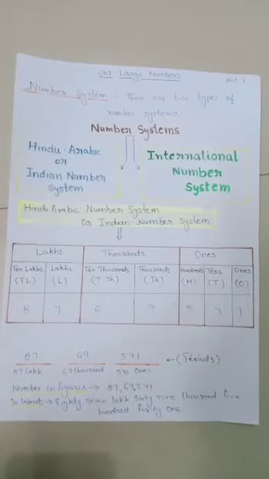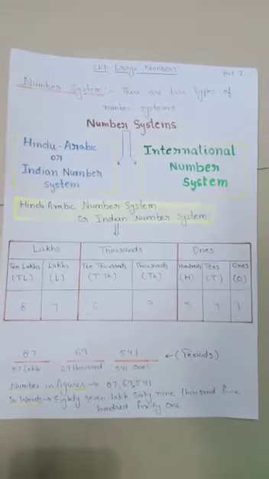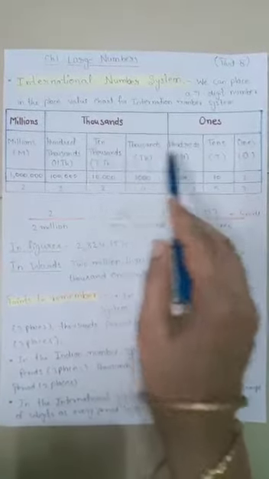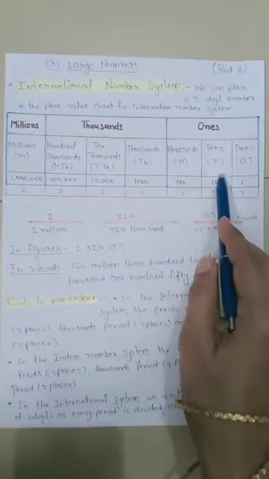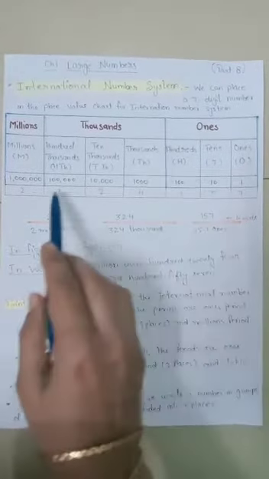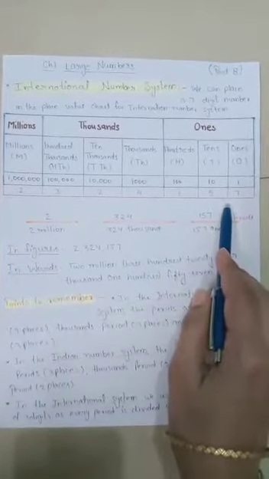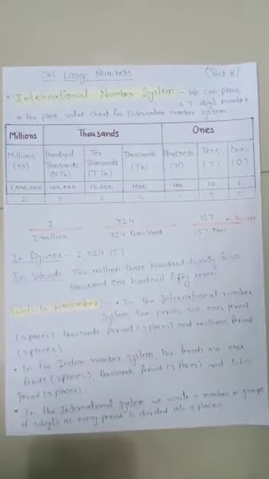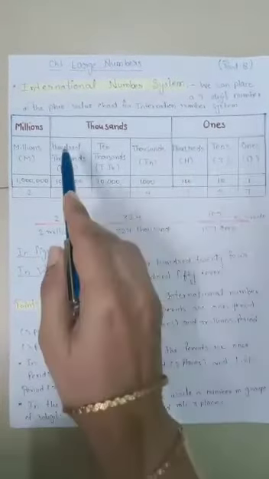Now come to our today's topic, the international number system. For your convenience to understand, we put a 7-digit number in the place value chart for the international number system, as shown in the figure. Students, look here carefully.